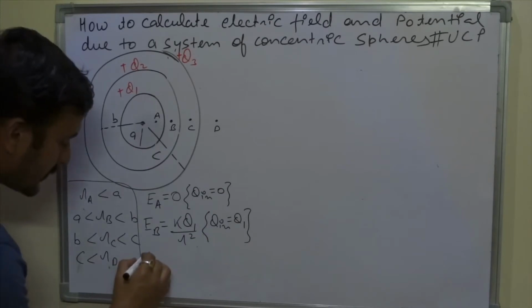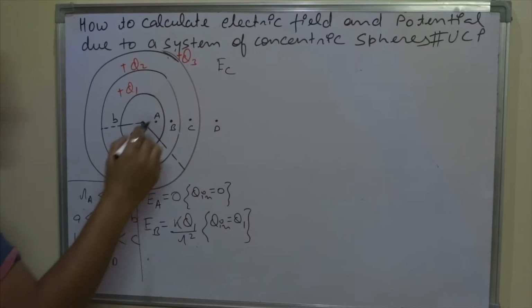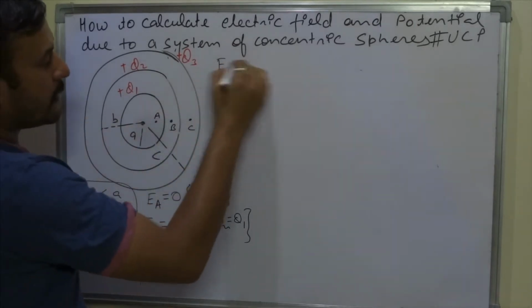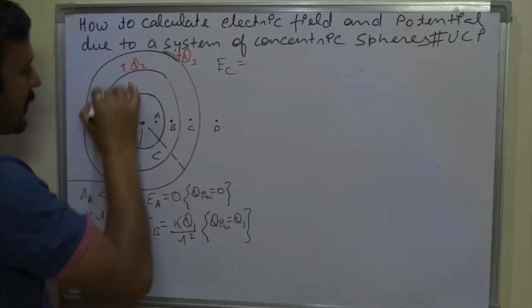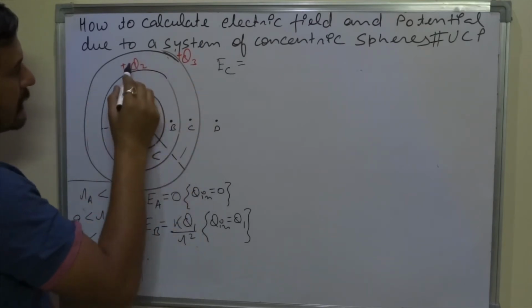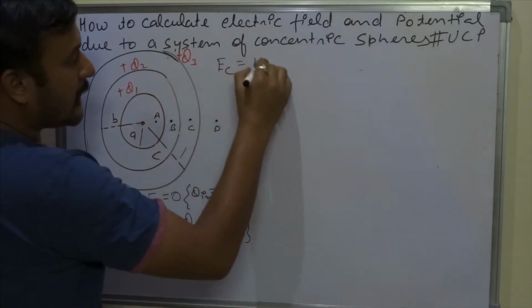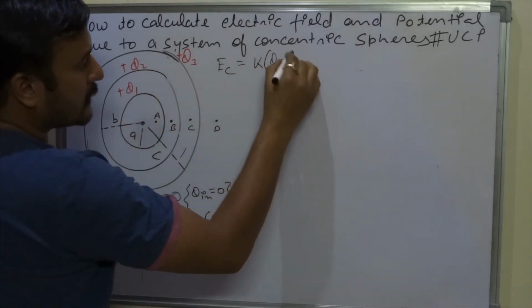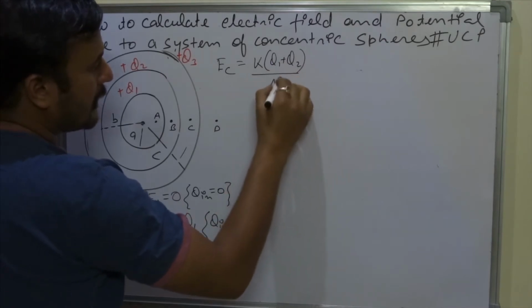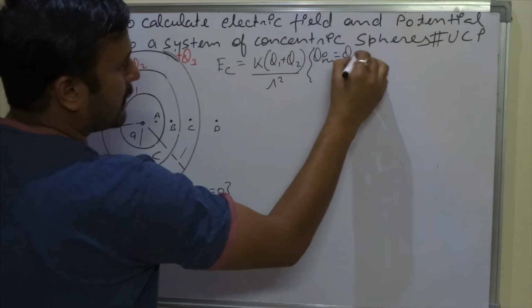Now EC at point C. If we assume a sphere of radius RC, it contains charges Q1 and Q2 inside it. Hence we can write K (Q1 plus Q2) upon R square. Q in is equal to Q1 plus Q2.